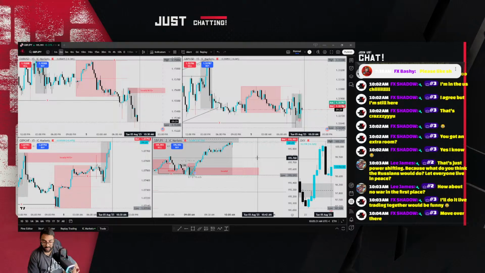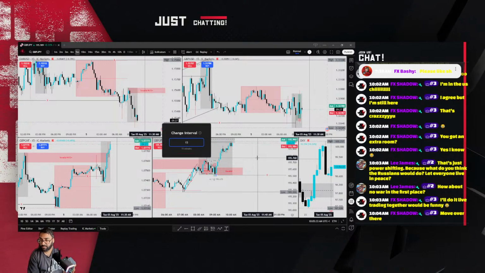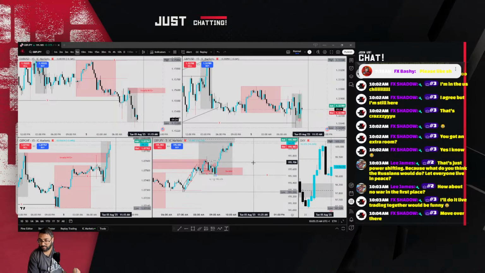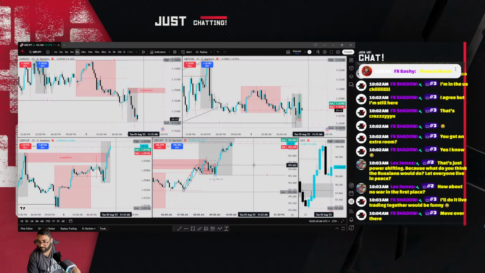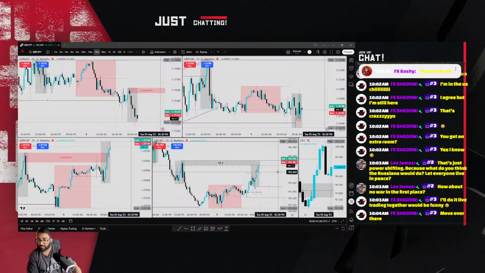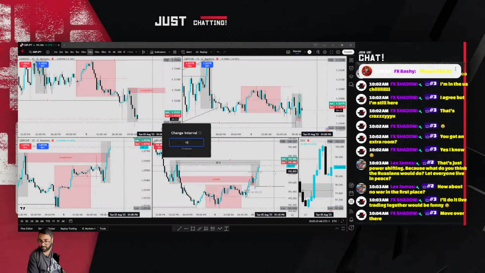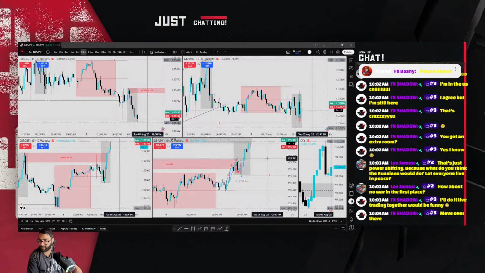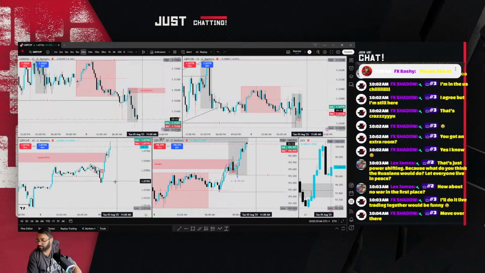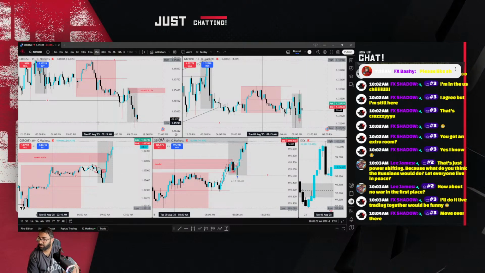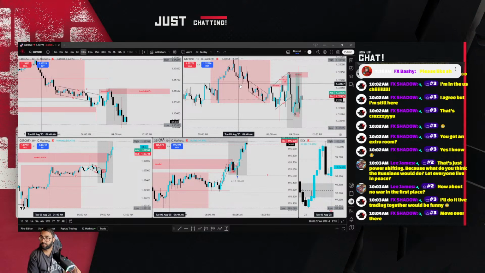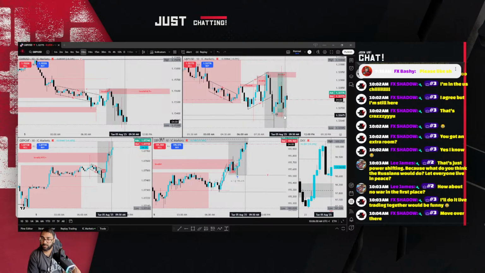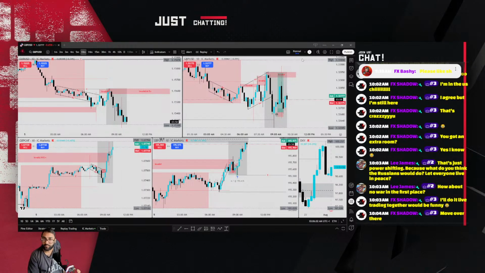It's not giving any reason for that zone to hold. I'll try to do 10 minutes in it, that'd be easier. Yeah, that's better. Yeah, much better. So look at DXY, we're starting to see a strong DXY now.